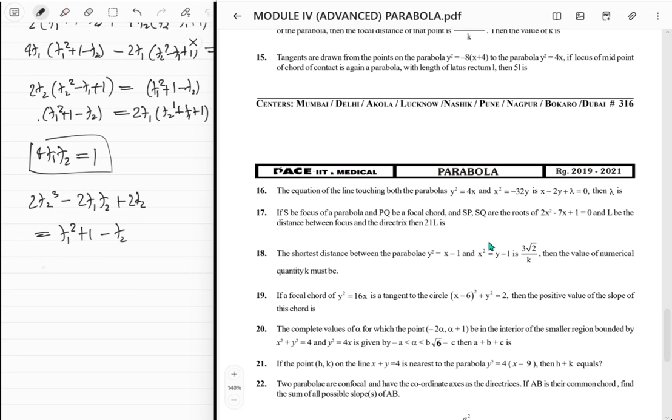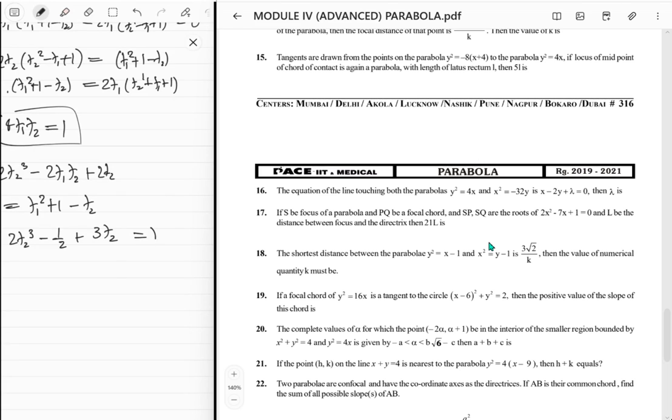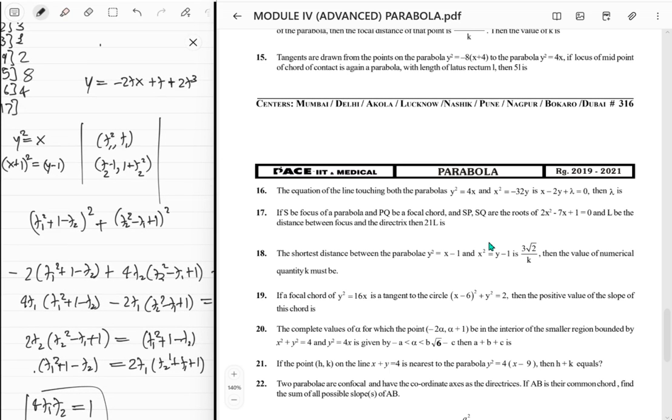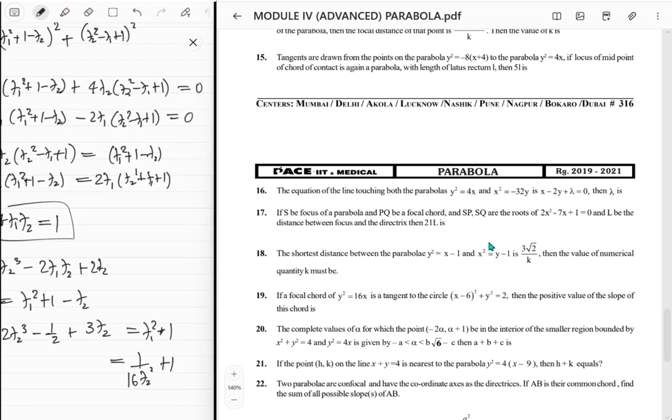And t1t2 is just 1 upon 4, so minus 1 upon 2 plus 3t2 is equal to t1 square plus 1. But t1 is just 1 upon 4t2, so it's 1 upon 16t2 square plus 1. I should have used some other variable other than t1, t2, but whatever, it works.